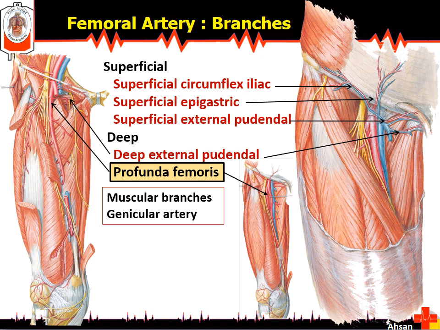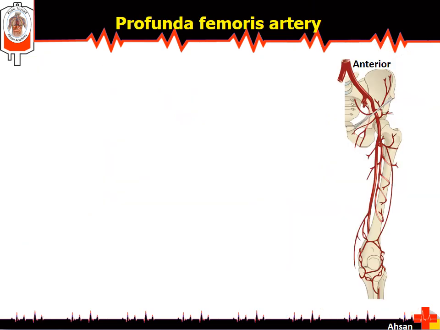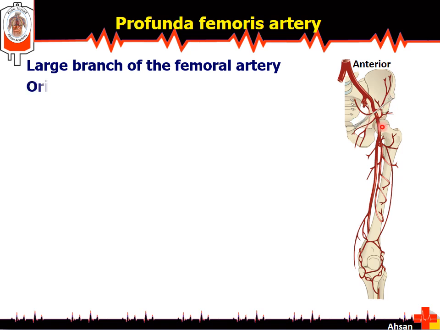We'll discuss the profunda a bit more, and also some muscular arteries and arteries to the joints. You can see the branching pattern. This is the internal iliac, and this is the femoral artery origin behind the inguinal ligament, giving branches.